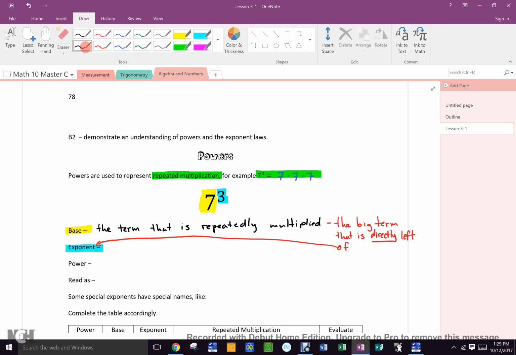Now, concept-wise, what is the exponent? Concept-wise. Yes, the number of multiplications.